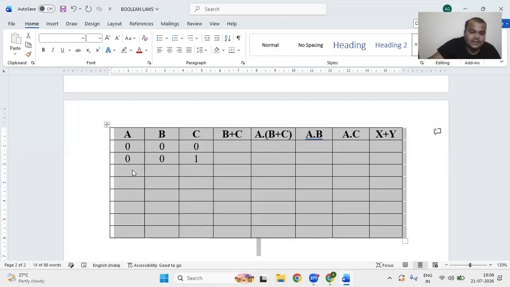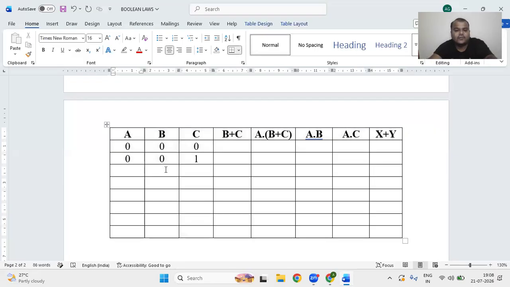0, 1, 0, the binary value of 2. Next is 0, 1, 1, binary value of 3. That is 3 digits, because this is a 3 variable.